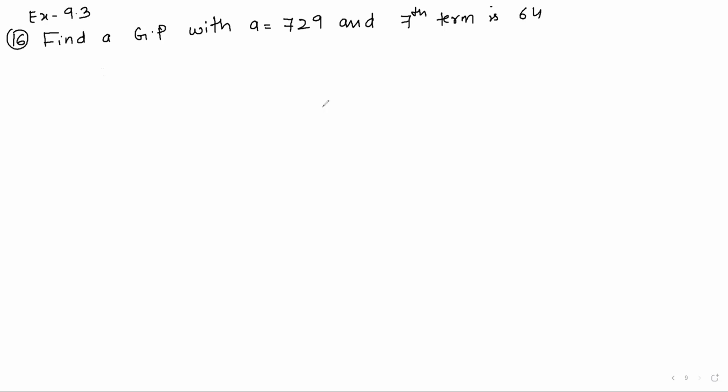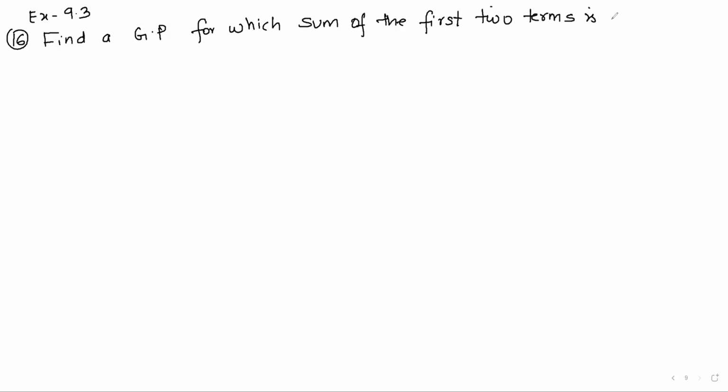Okay, we are doing find a GP for which the sum of the first two terms is -4 and the fifth term is 4 times the third.